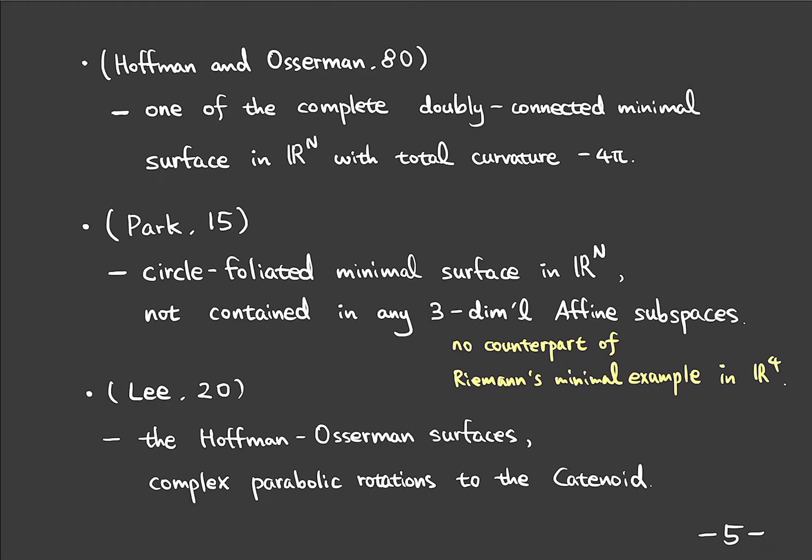Also, Lee obtained the above Hoffman-Osserman surfaces by applying complex parabolic rotations to the holomorphic curves of the catenoid. Lee here is not me, it is our organizer Hosu Lee.